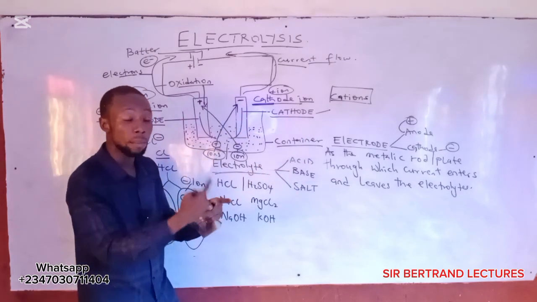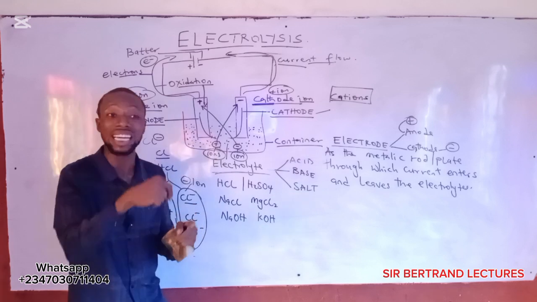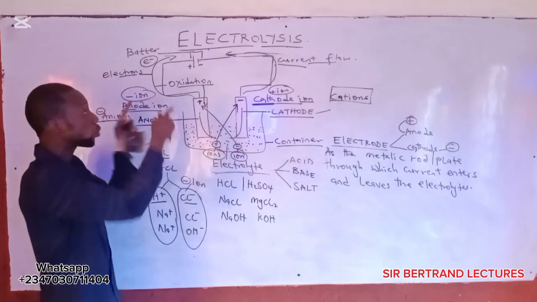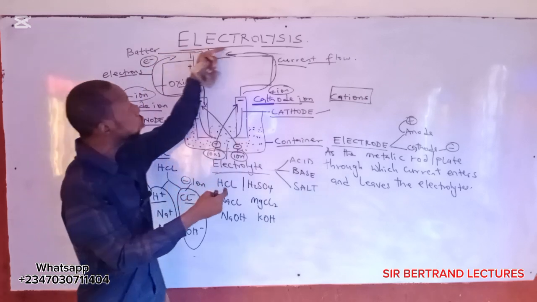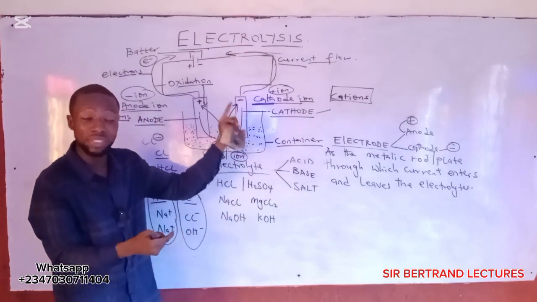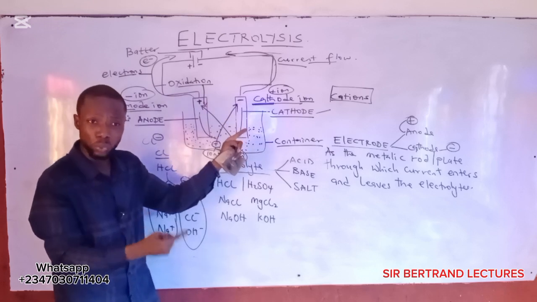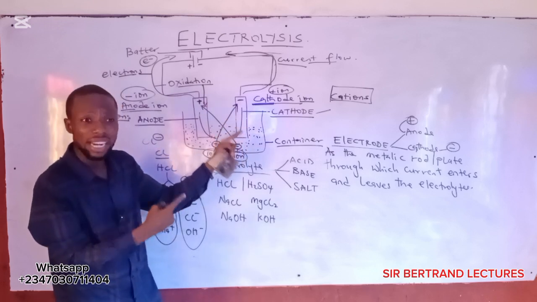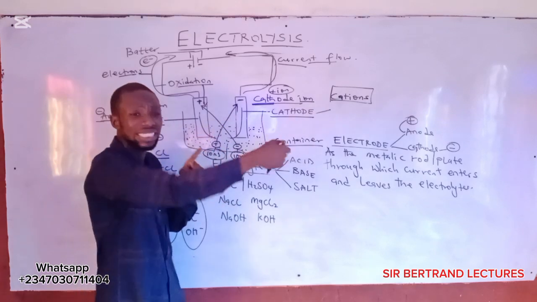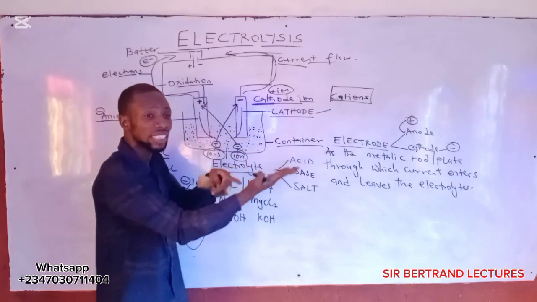That means they have some number of protons more than the number of electrons. So as the anode loses electrons, they flow and come here to the ions of the cathode, the positively charged ions, which we describe as cations. So yes, it will gain the electron that is negative. It will balance the charge.